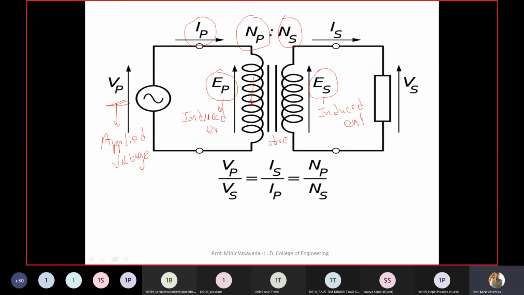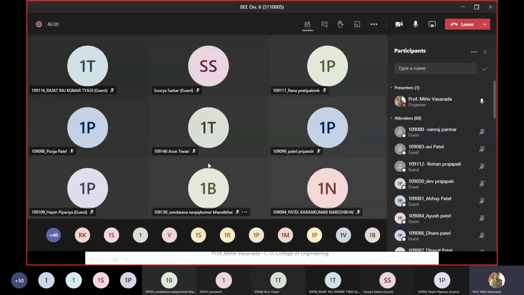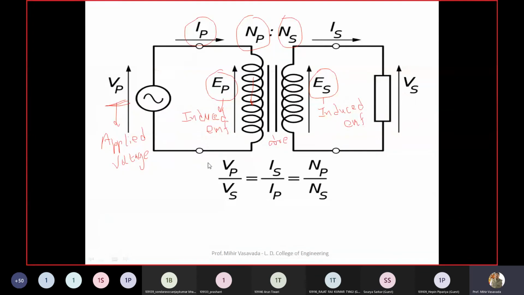As we have explained, EMF is induced in the primary winding and the secondary winding also, because of the alternating flux. The EMF induced in the secondary winding is known as mutually induced. In the primary winding, there is self-induced EMF.